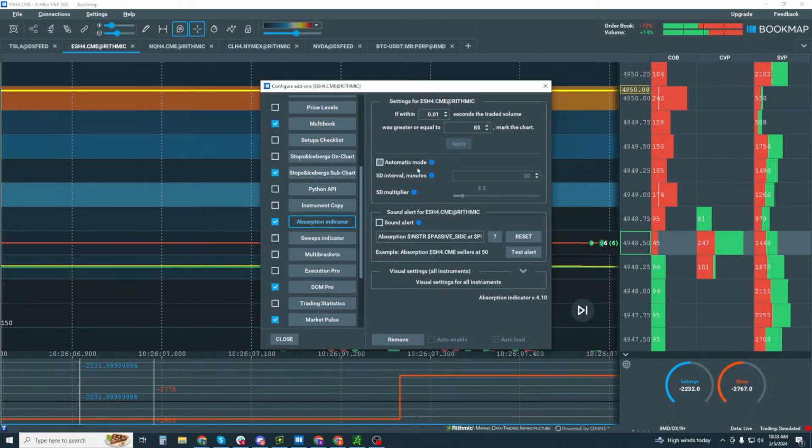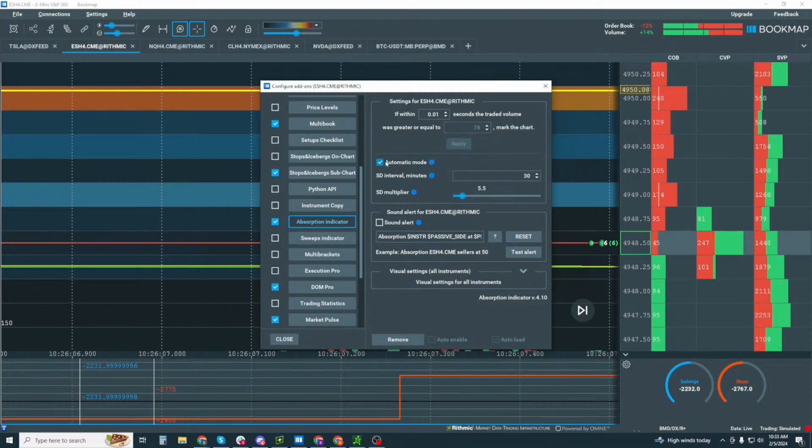Now there's a little bit of a trick. To use this with Market Pulse, you cannot use the automatic mode, because it will continually update the Market Pulse tool for absorption or for sweeps.